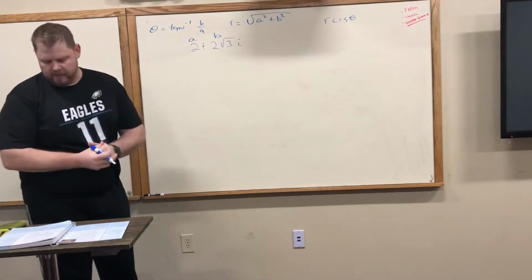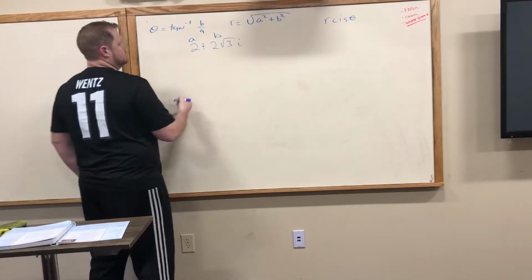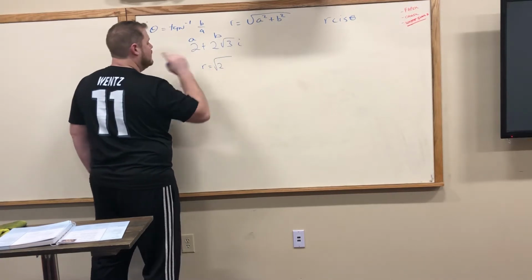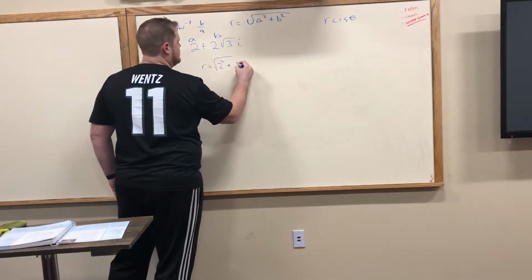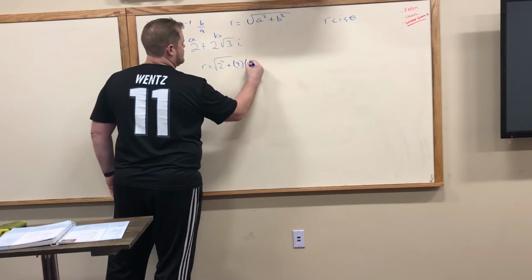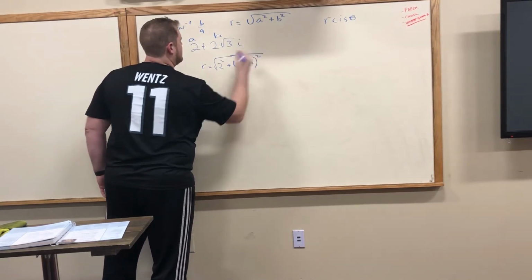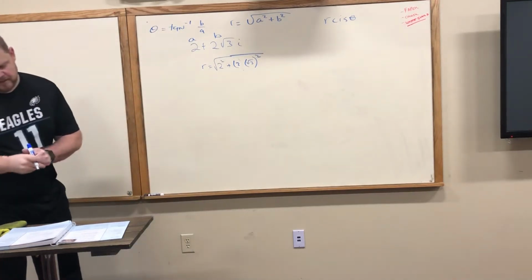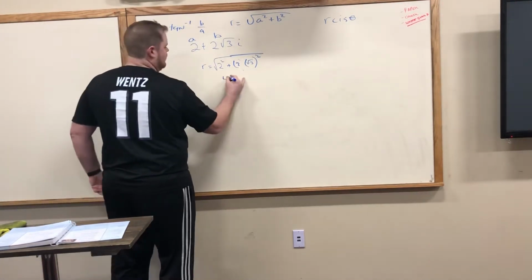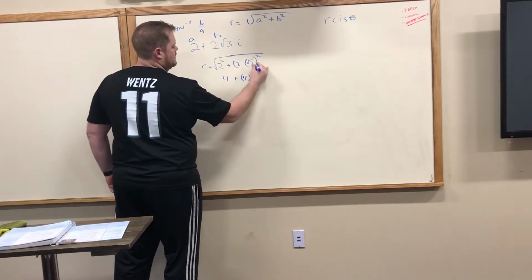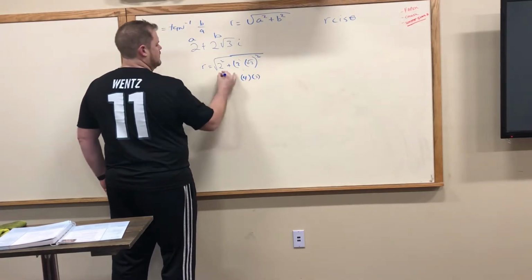So, here we go, ready? First step, we're going to look for our r. 2 squared plus 2 square root of 3, and all of this is going to be squared. So that's what we are left with. What's it going to give us? 4 plus, when you square this, it's 4, and you square that, it's 12.